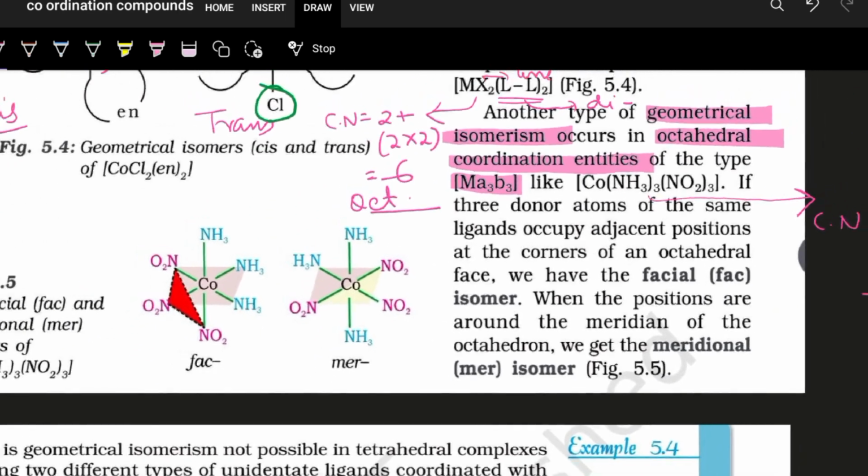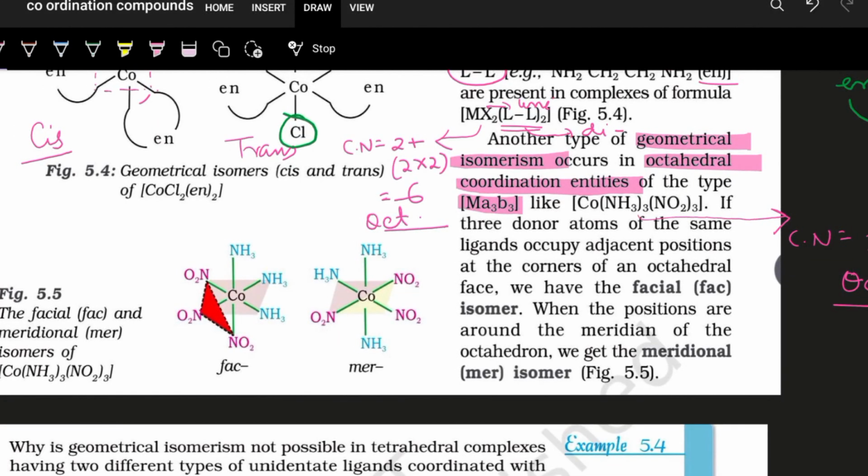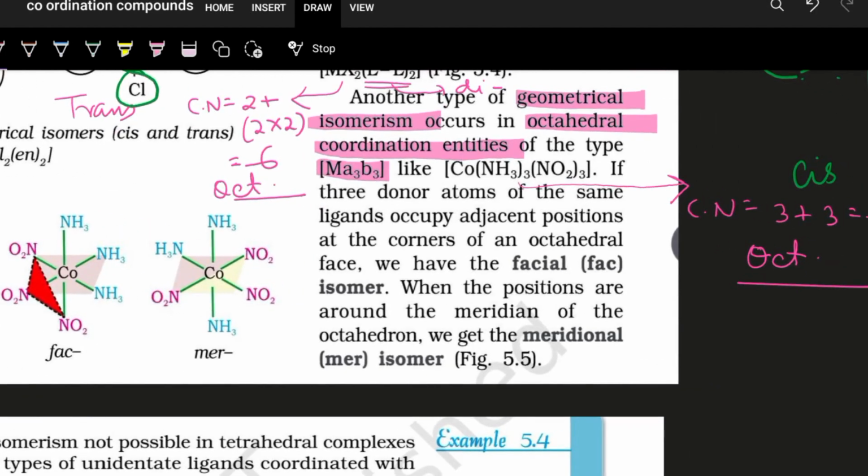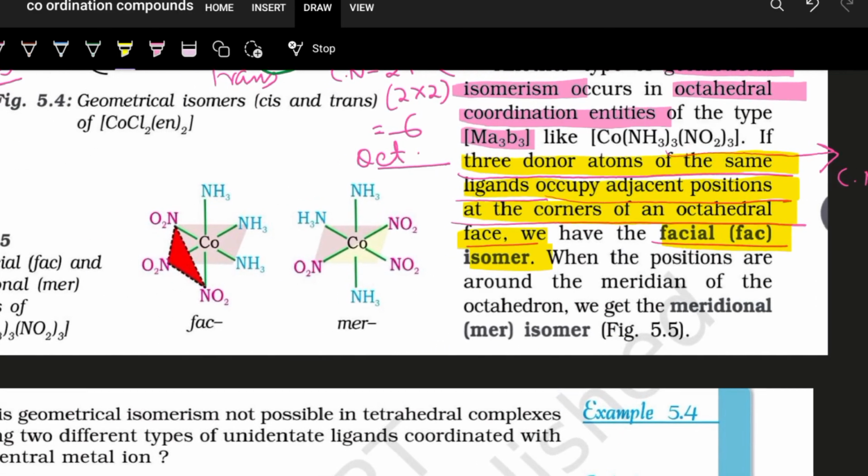Now here, this type of isomer is drawn in two representations. Where the three donor atoms of the same ligand occupy adjacent positions at the corners of an octahedral face, then we will say facial, or fac isomer.